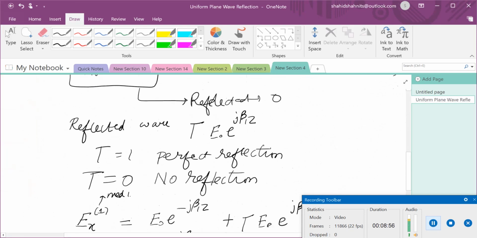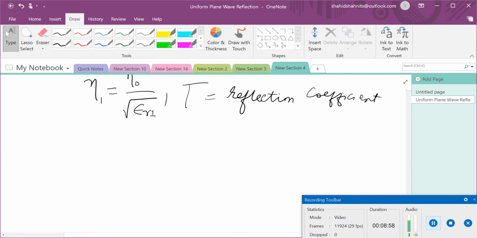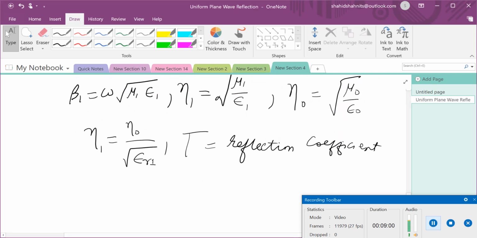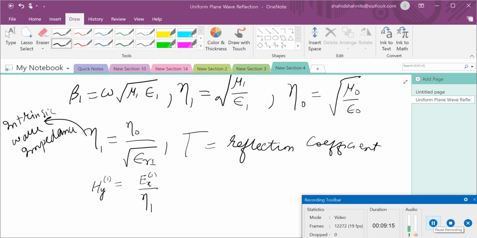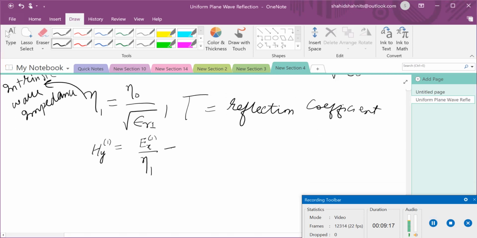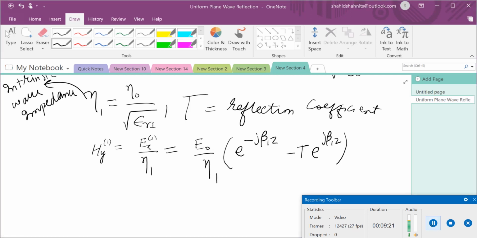Or you can also write it, since the square root of mu by epsilon is denoted as eta 1, Hy1 is equal to the electric field component divided by the intrinsic wave impedance, which I defined here. So we can write in detail as E naught divided by eta 1, this equation. This is the magnetic field in medium 1.